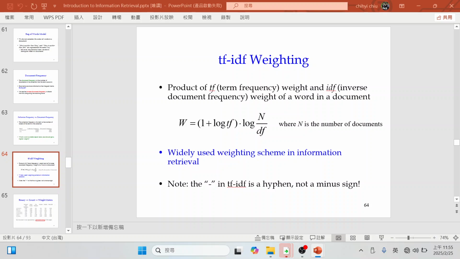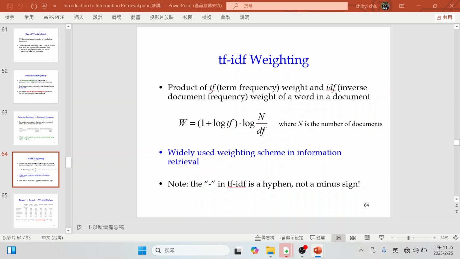Here the TF-IDF is calculated like this. The TF means the term frequency, and the IDF means the inverse document frequency. So we can use the two weights to generate a joint weighting.